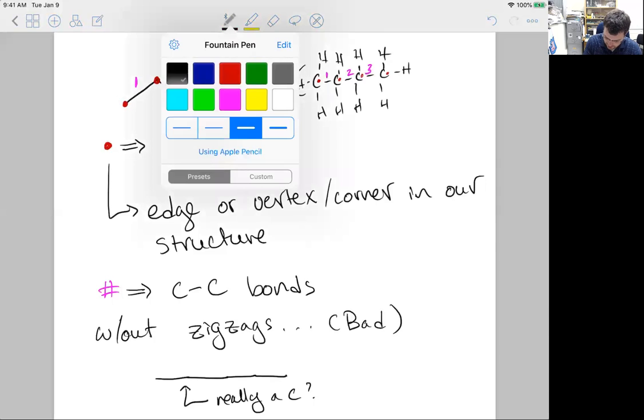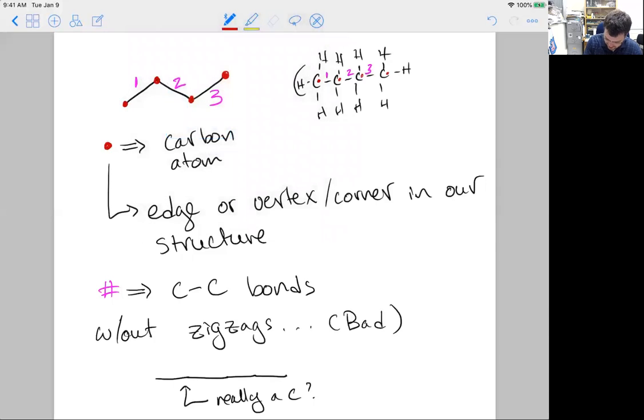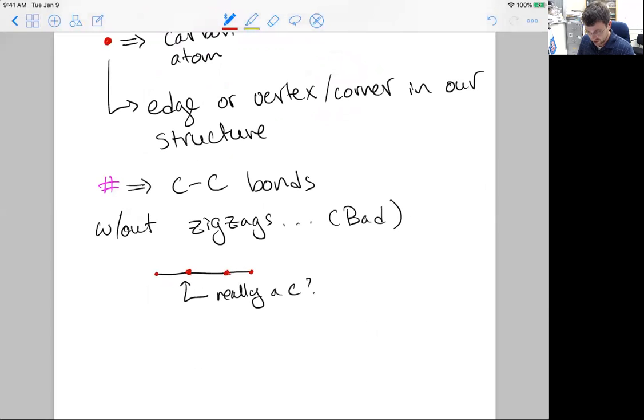I mean, I could put red dots. Oh, I added an extra line, didn't I? It's not 4 lines, it's 3 lines. I could add my dots, but we're trying to do this fast. We're trying to be efficient here. And not everybody has red pens available when they're trying to draw molecules on the back of envelopes, which is a really fun thing to do, by the way.